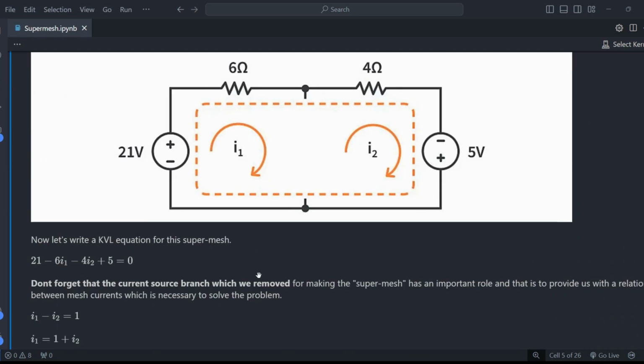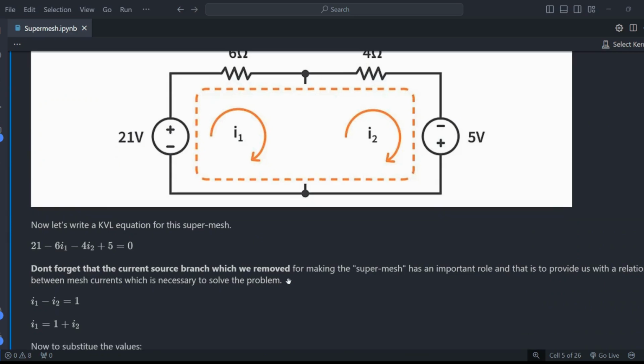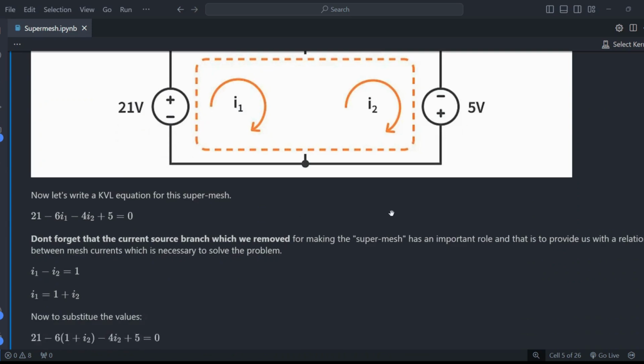That's where we get our other equation, the helper equation, which is I1 minus I2 equals 1. As you can see in this picture, I1 minus I2, both clockwise, equals 1 amp.